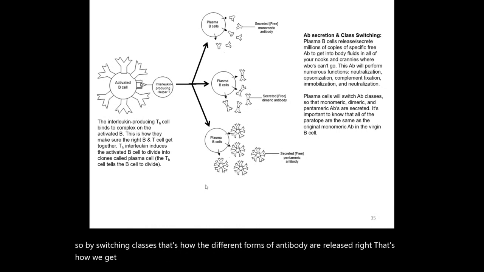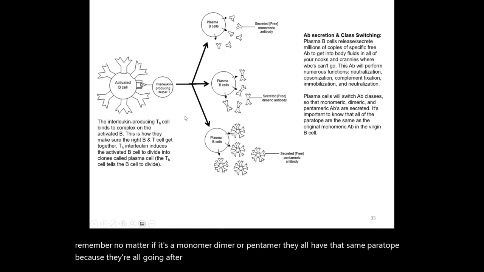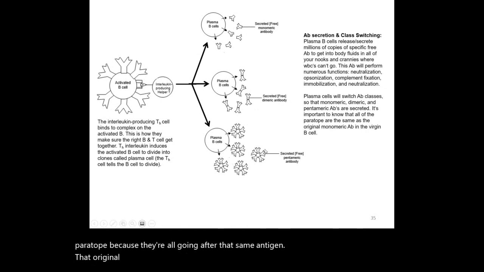That's how we get the monomeric, dimeric, and pentameric antibodies that you see here, okay? But remember, no matter if it's a monomer, dimer, or pentamer, they all have that same paratope because they're all going after that same antigen that original virgin B cell detected, okay?